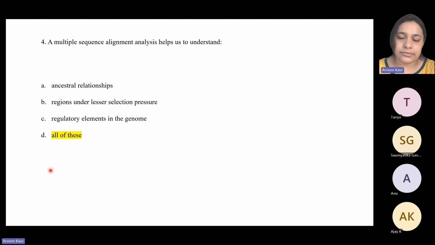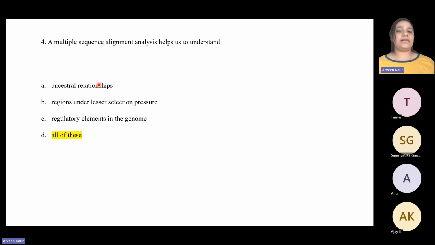As we talked about, multiple sequence alignment is a tool which helps align similar sequences, or just any sequences. Whatever regions are homologous to one another will align. This alignment helps us extrapolate data about ancestral relationships.